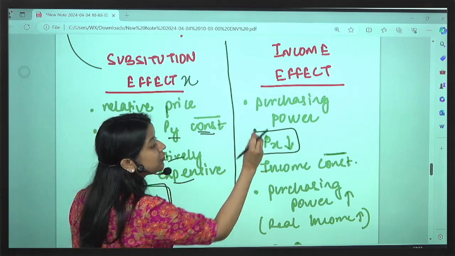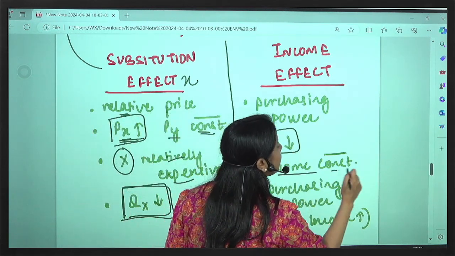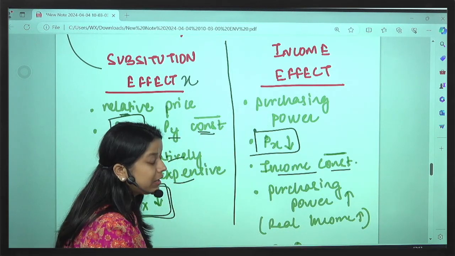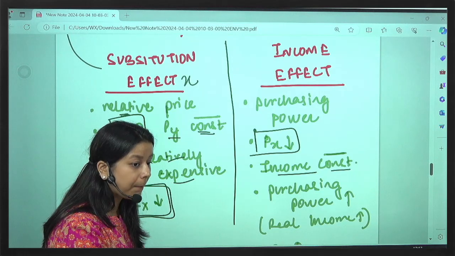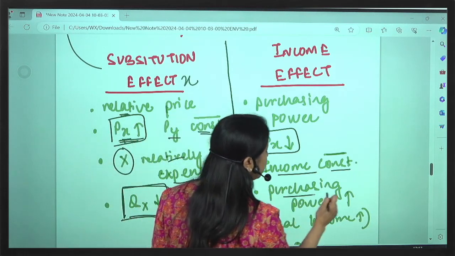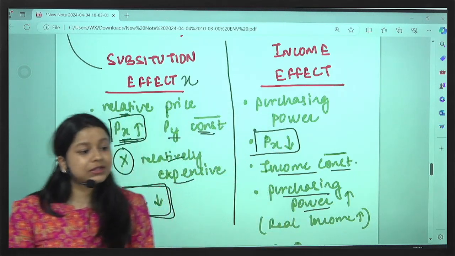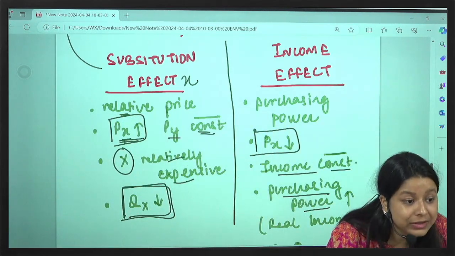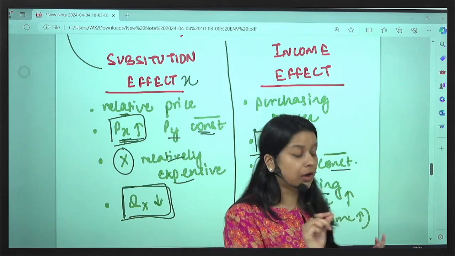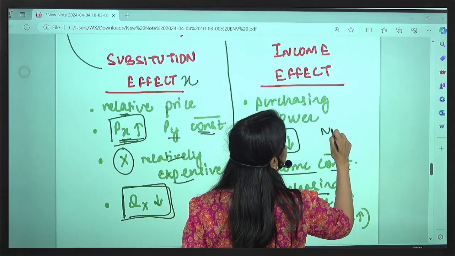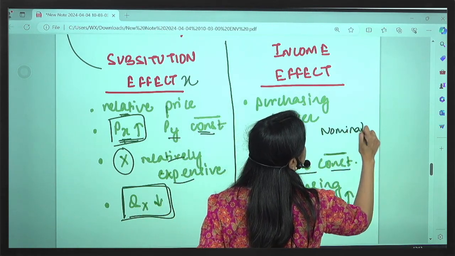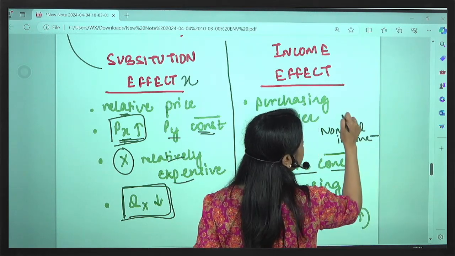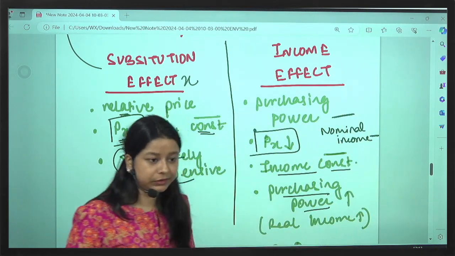When the price of mangoes has gone down and my income is constant at 50,000, my ability to buy mangoes has gone up. So I say that my purchasing power has gone up. What do you mean by an increase in purchasing power? Now in this case, my nominal income is constant. When I show a line, it means it's constant.